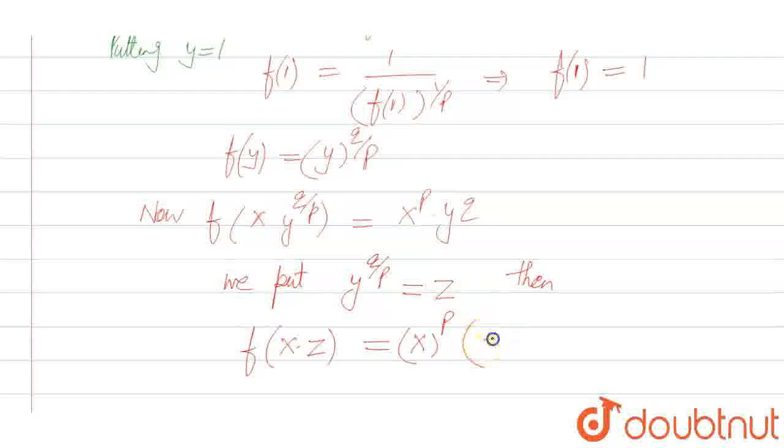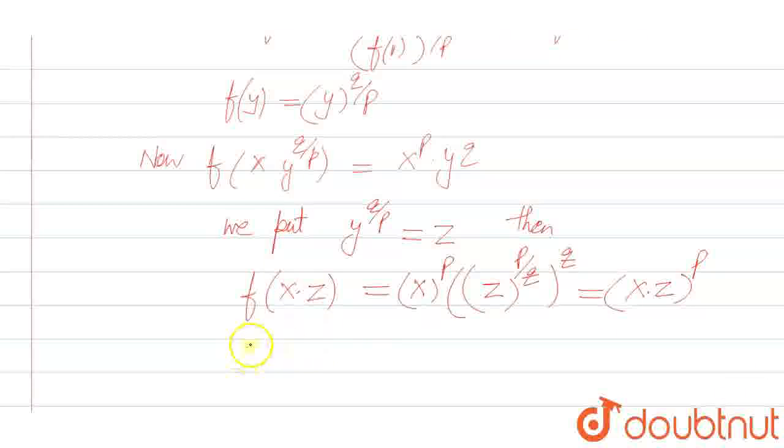So y can be written as z^(p/q), and this whole is raised to power q. So this becomes equal to (x·z)^p. Okay, q would get cancelled out here.